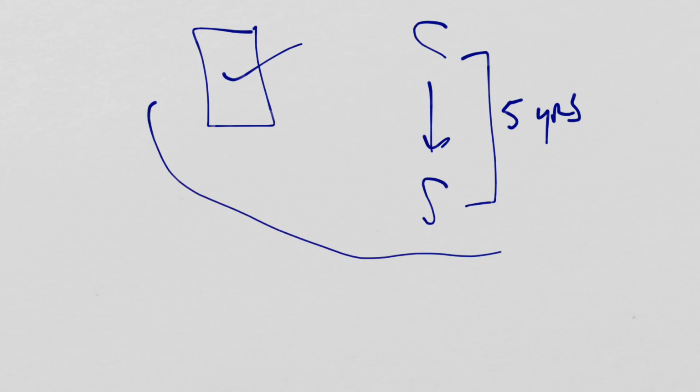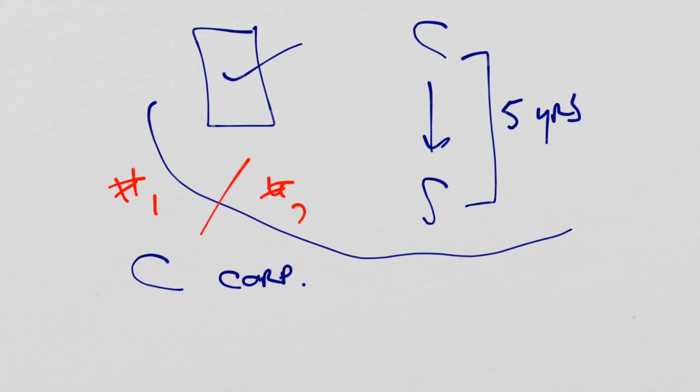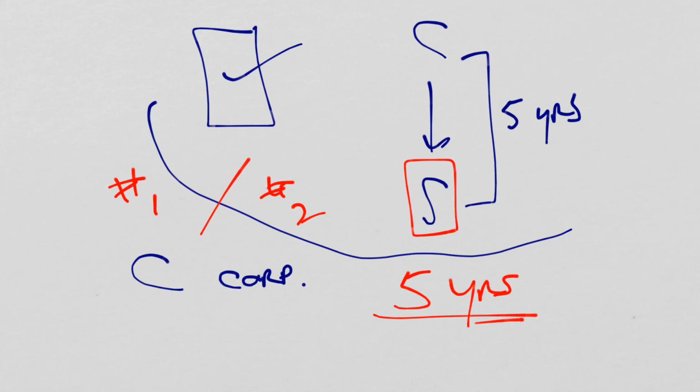A taxpayer comes into your office, they're a C corporation, and they're telling you they're thinking of selling their business soon, and you told them that it's going to be subject to tax 1 and tax number 2 based on the double tax, and they start crying. What do? So you make the election to be an S, but you tell them you're going to have to wait. That's right, 5 years to avoid the double tax in total.